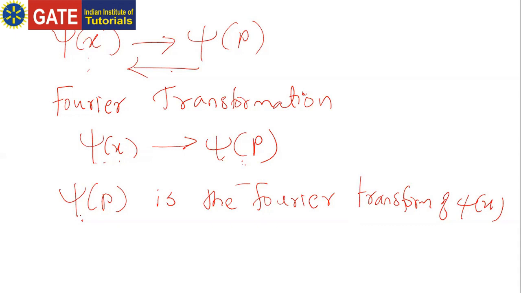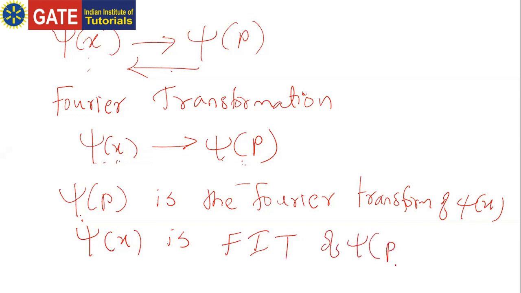Psi of p is the Fourier transform of psi of x. And psi of x, what is psi of x? Psi of x is the Fourier inverse transform of psi of p.